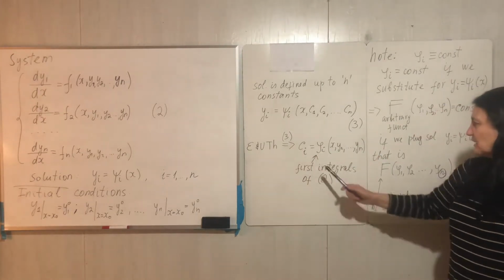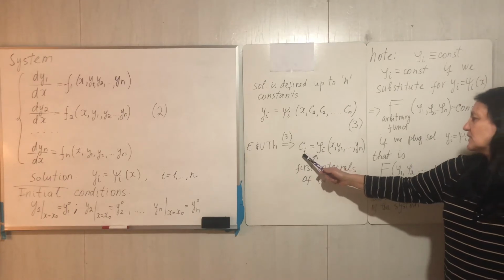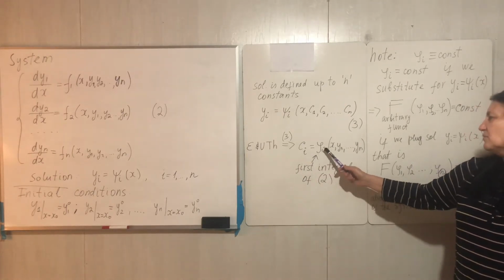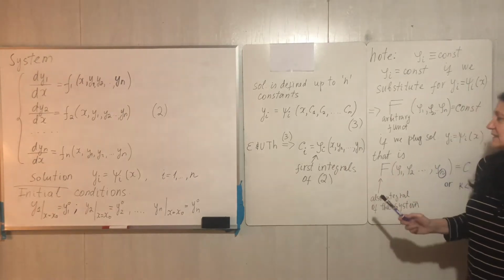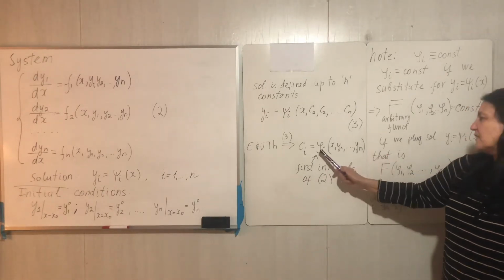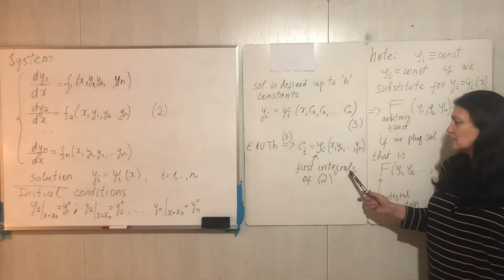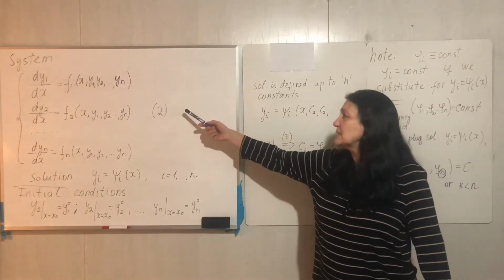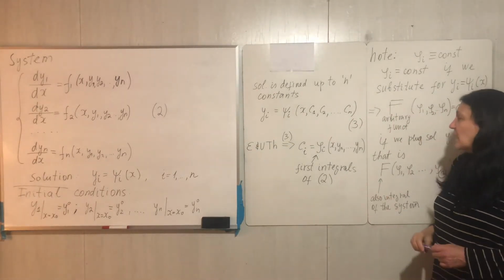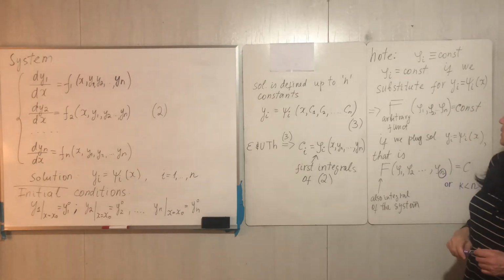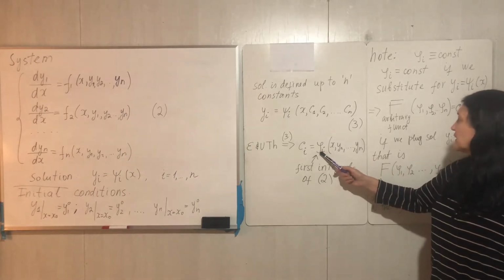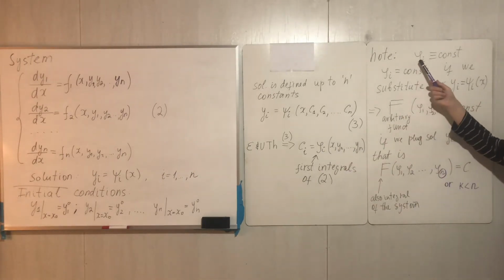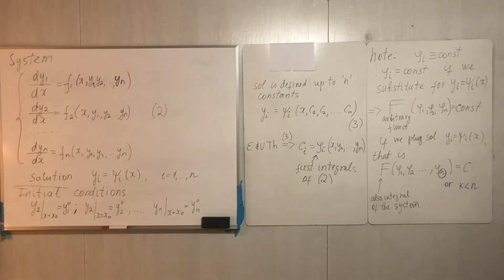If conditions are satisfied, we get each constant Ci as a function phi of x, y1, y2, and yn. And these functions phi are called first integrals of system 2, or just integrals. We can note that, of course, when we are talking about functions phi, we assume that we're not talking about something that is identically a constant.